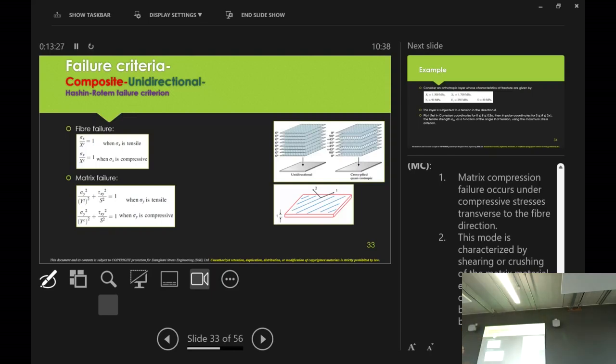It's a very simplistic way of dealing with composites. It does include fiber failure, which is a good thing, and it also considers matrix failure, which yet again is a good thing. It distinguishes whether the matrix failure is in tension or in compression. Very simple. If I wanted to use it, probably you would use this one because it's not too much. You don't need extra parameters to formulate.